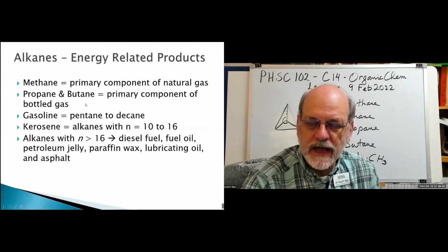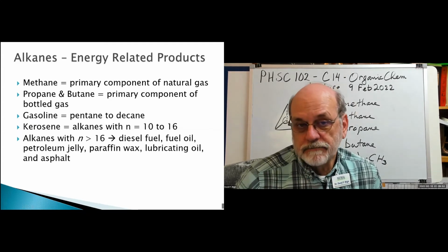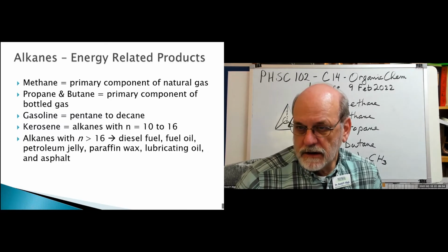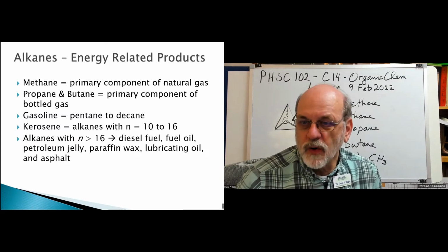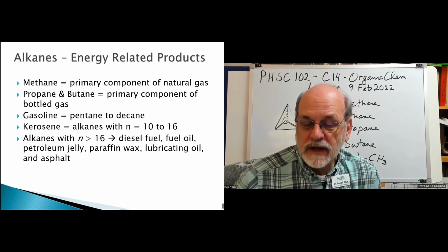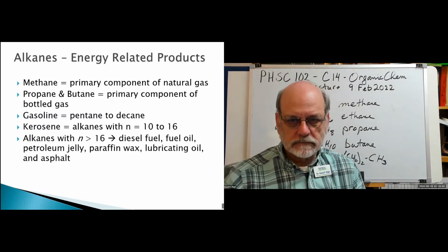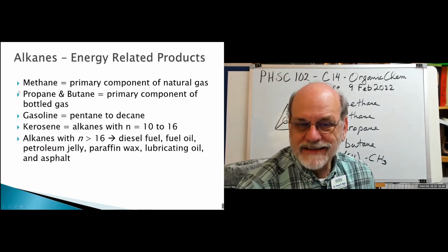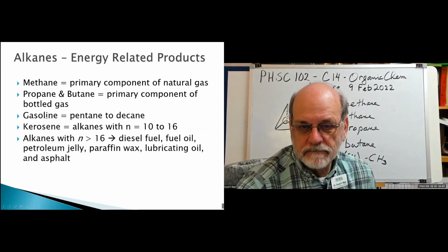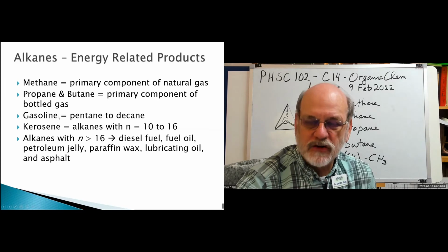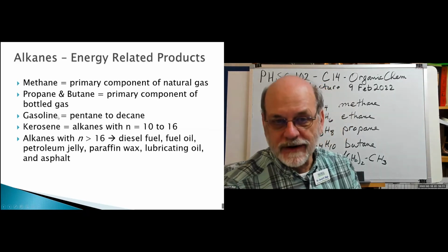Butane is less common for heating homes. You'll find it in cigarette lighters. Some forklifts and cargo handling equipment will have engines that run on butane. Gasoline. Gasoline is a mixture of different alkanes.